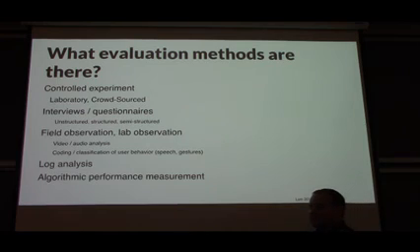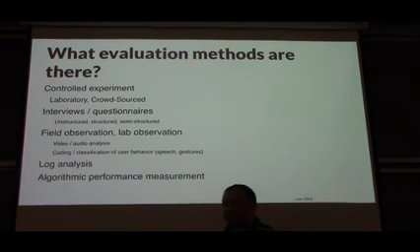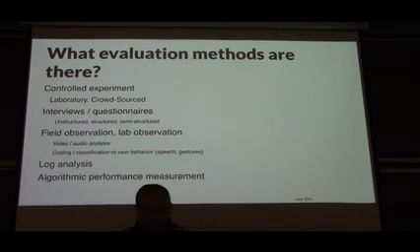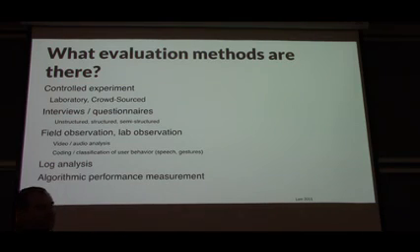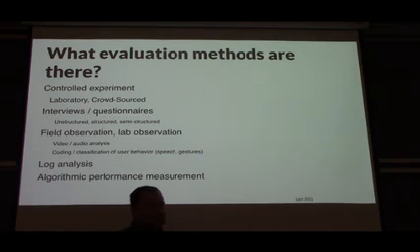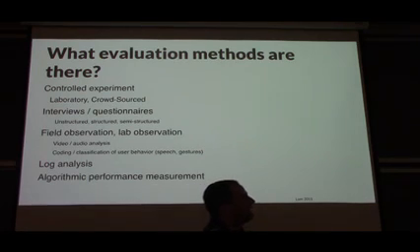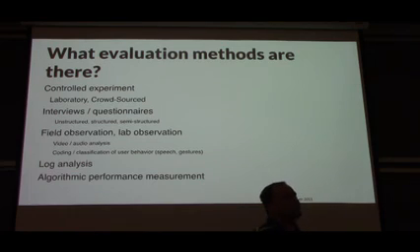We talked about this concept when we talked about crowdsourcing. And lab observations have a little less, but still these are kind of methods where you need to have a real prototype or real software out there, and then you can do things like record people using it.